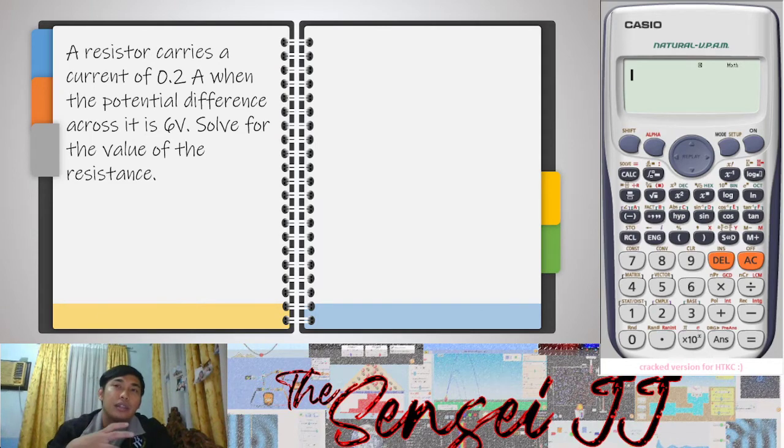So we have here an example. A resistor carries a current of 0.2 amperes when the potential difference across it is 6 volts. Solve for the value of the resistance. We will be solving for our resistance using the given values: 0.2 amperes and 6 volts in our electric circuit. Okay, guys, please proceed in answering this.